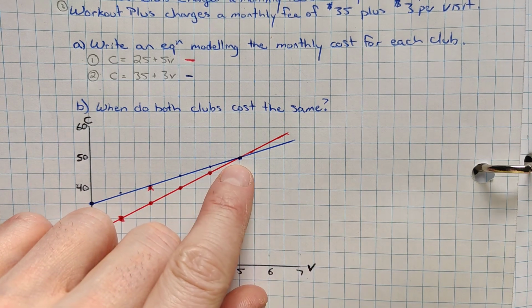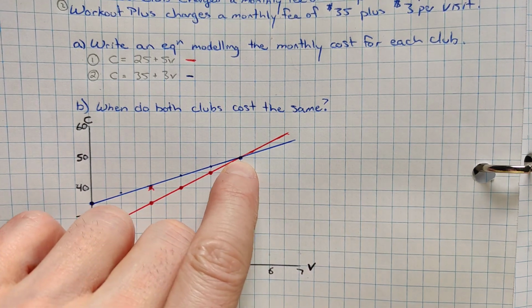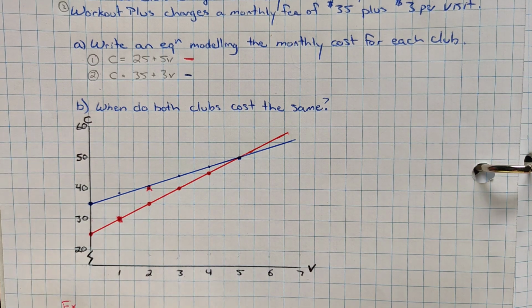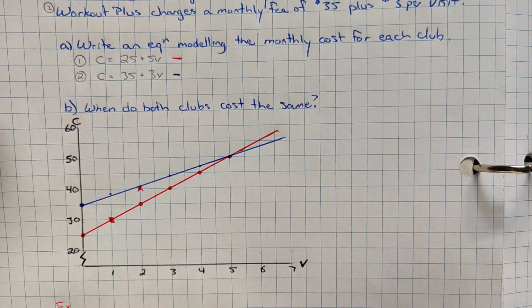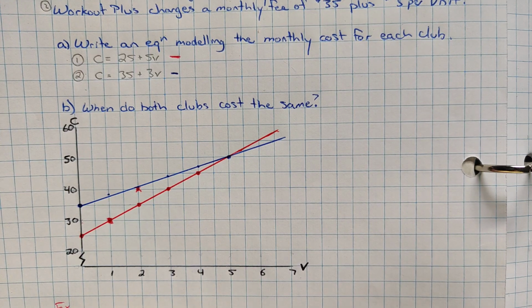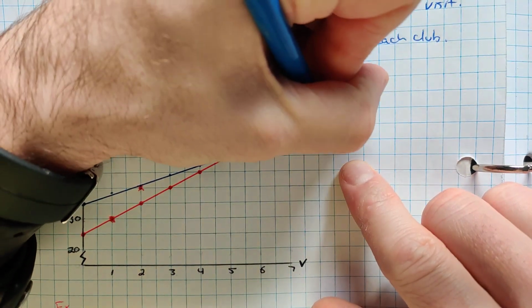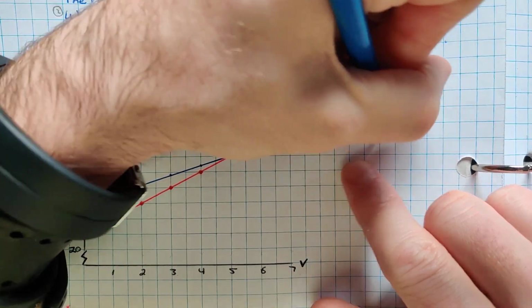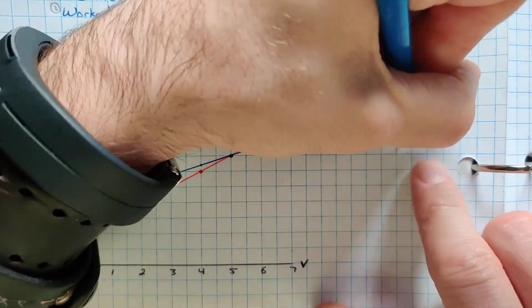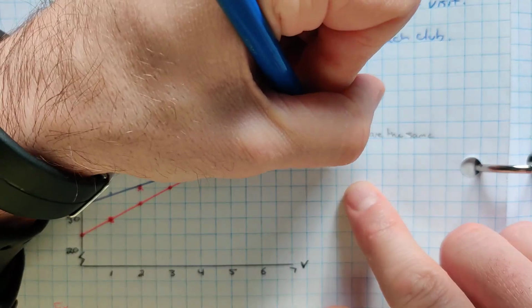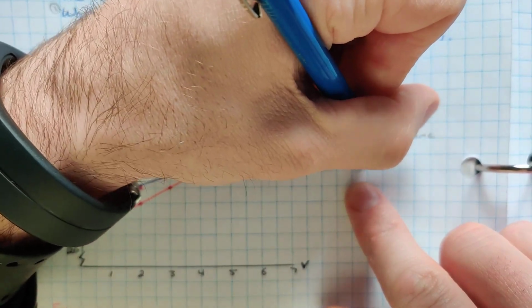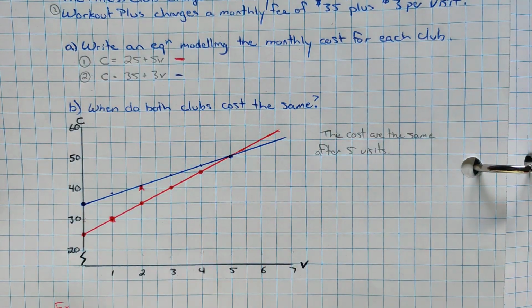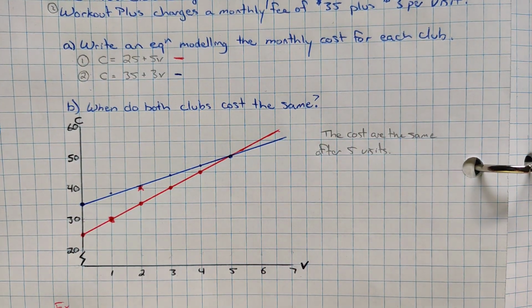Even here, these lines look like they might be slightly off in that point, but it is going to be at 5 visits that the costs are the same. We would want to state something like that with this problem.